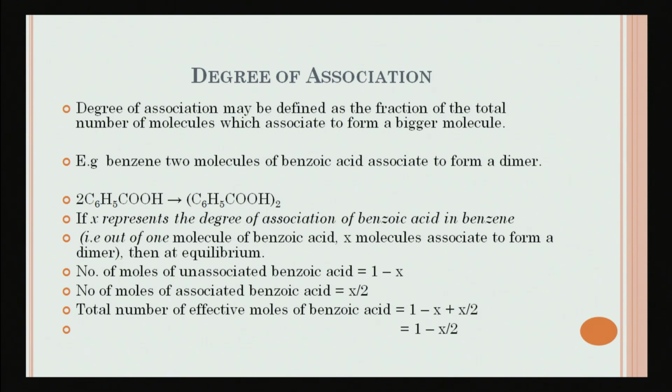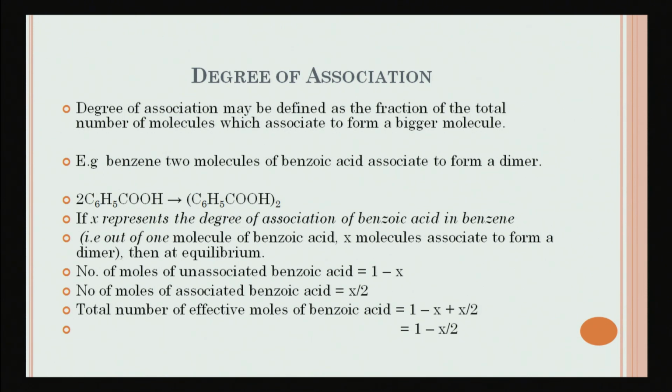Then at equilibrium, the number of moles of unassociated benzoic acid is 1 minus x. The number of moles of associated benzoic acid is x divided by 2. The total number of effective moles of benzoic acid is 1 minus x plus x by 2, so that is equal to 1 minus x by 2.